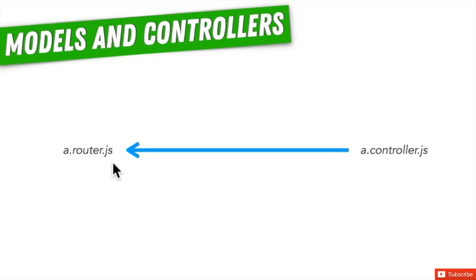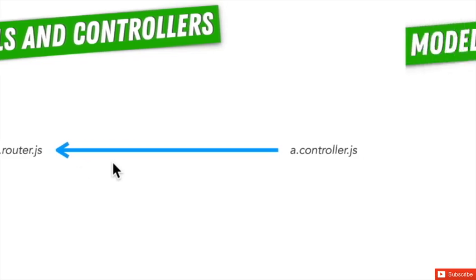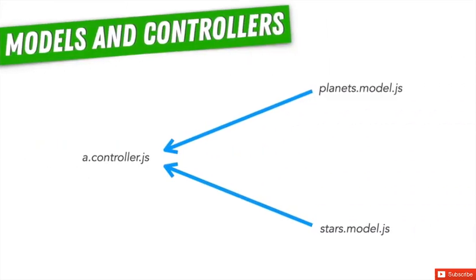But for our models, we might have many of them used in one controller. Maybe it's a stars model together with a planets model, and we're aggregating those pieces of data that we can access from those models into some sort of solar system controller or some other space-related grouping of stars and planets.